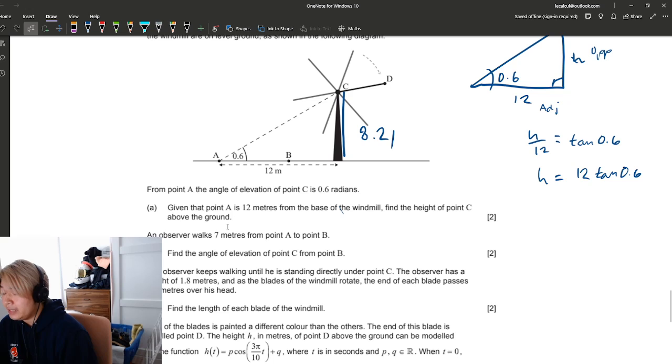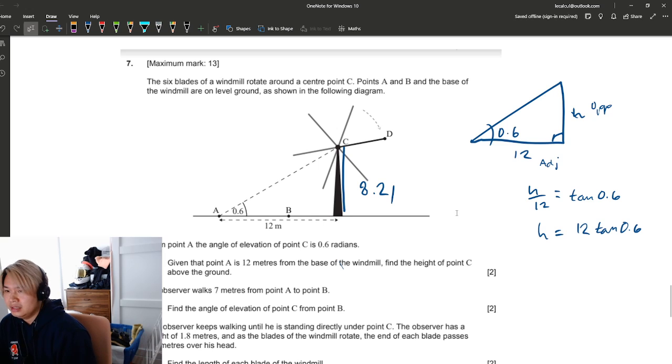An observer walks 7 meters from point A to point B. Find the angle of elevation of point C from point B. Okay, so the person walks closer, and what happens is they create a narrower right triangle. We already know from part A that this is 8.21, and then it's 12 meters total distance from A to the windmill, and then they've walked 7 meters closer.